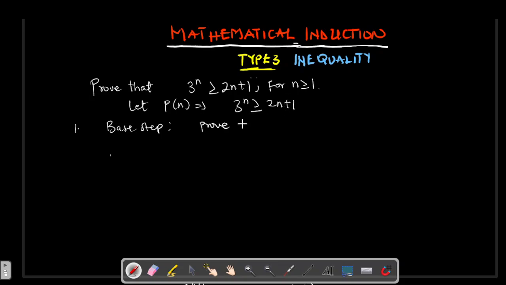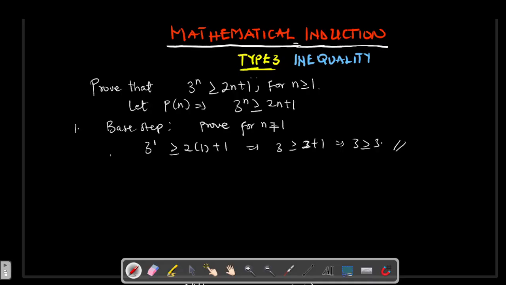Proving for n equal to 1, what do we get? On our left hand side, I get 3 to the power 1 greater than or equal to 2 multiplying 1, plus 1. Sorry, 2 plus 1, which is 3, so 3 is greater than or equal to 3, and that is perfectly true.